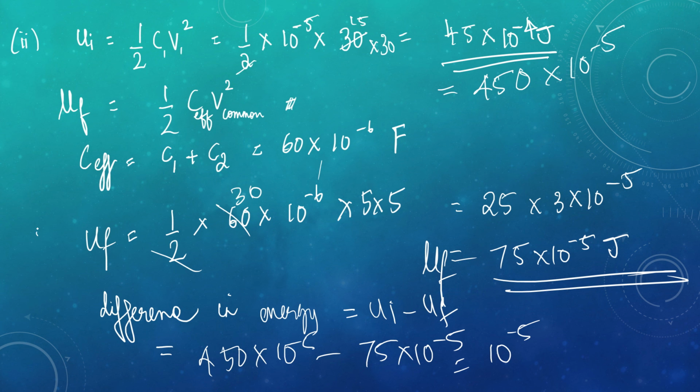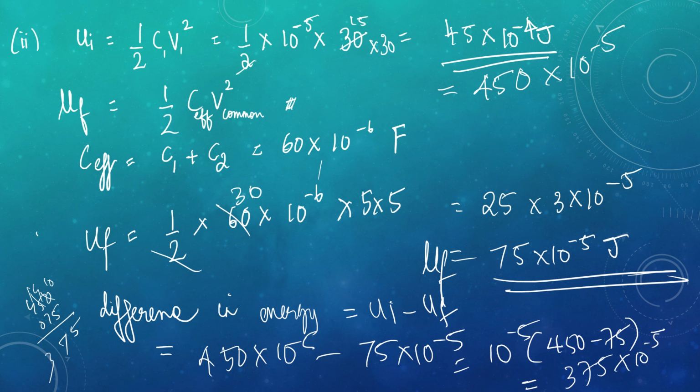So from 450, 10 raised to minus 5 can be taken out, and that would be 450 minus 75, which is 375 into 10 raised to minus 5.